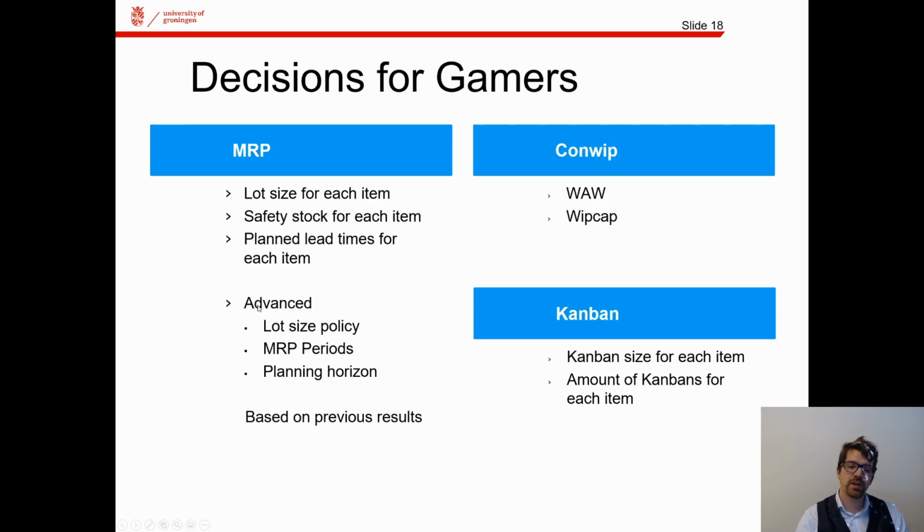And if we are going to play the advanced version, then you can also determine the lot size policy, the MRP periods, or the planning horizon. For ConWIP, you're able to change the work ahead window or the WIP cap. And for Kanban, you can change the Kanban size for each item or the amount of Kanbans for each item.